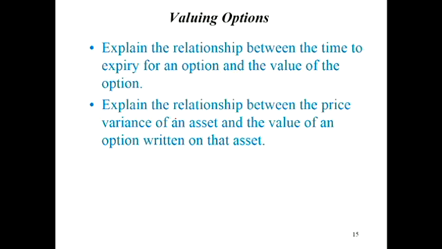Depending on where the asset price is relative to the strike price, for a call option, if the asset price is below the strike price, you wouldn't use your option. You simply let it lapse without value, because if you wanted to buy it, you would go to the market and buy it cheaper there. If the asset price is above the strike price and you want to buy the asset, you would use your option because you can get it cheaper.